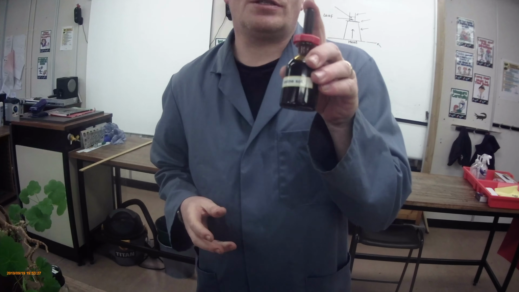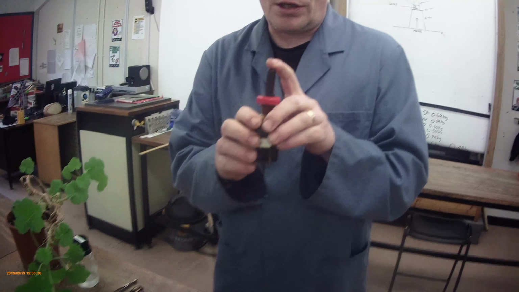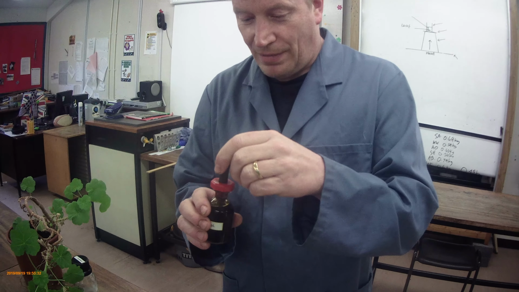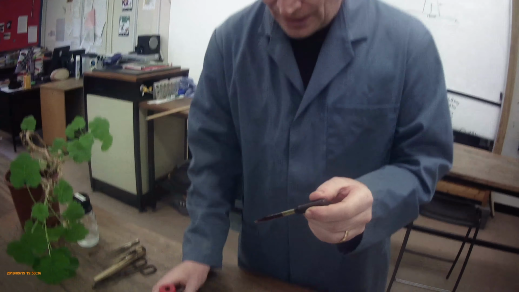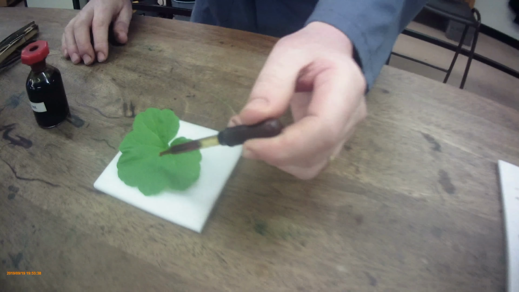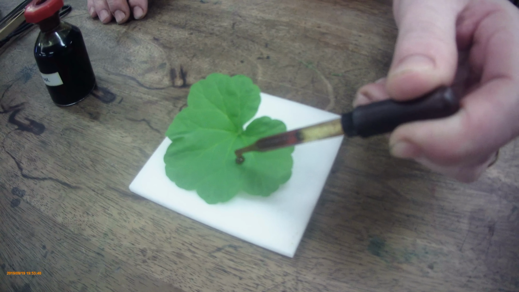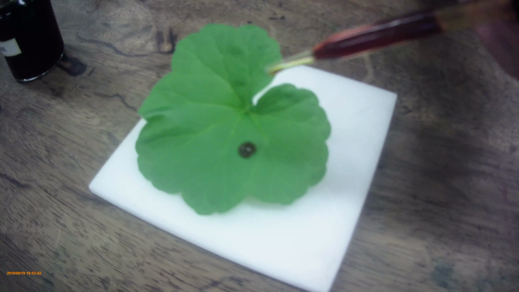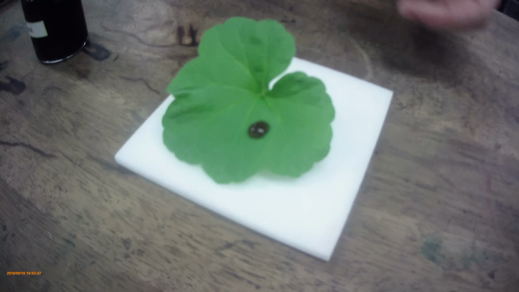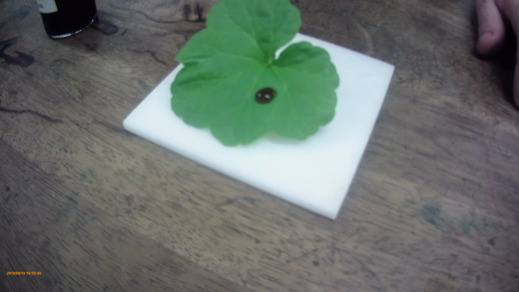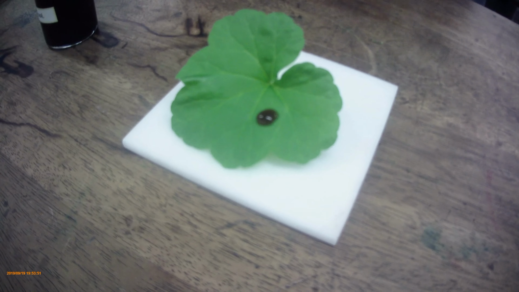Now, if you take iodine solution, you put it onto starch, you should be aware of the colour changes. We'll come back to that when we do it in a minute. But if I take some iodine solution and I just drop it carefully onto the leaf here, this will show me something that's quite magical. Or not. What you notice is that the iodine solution is unable to penetrate through the leaf and the iodine just sits on top.